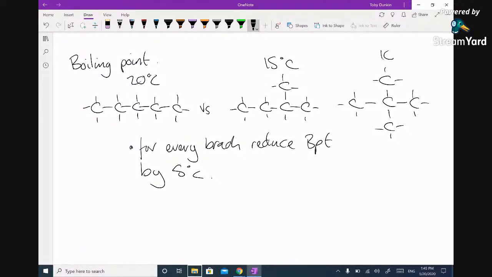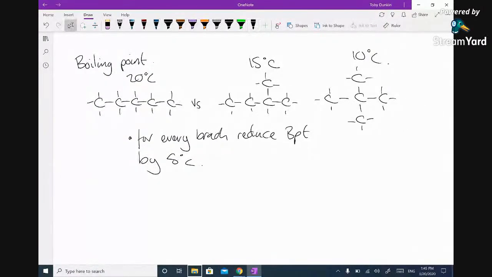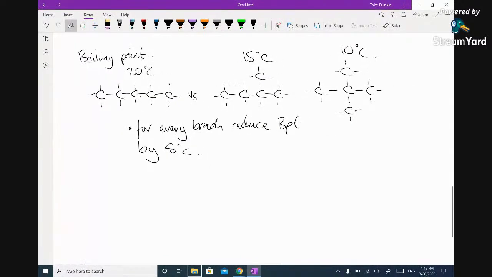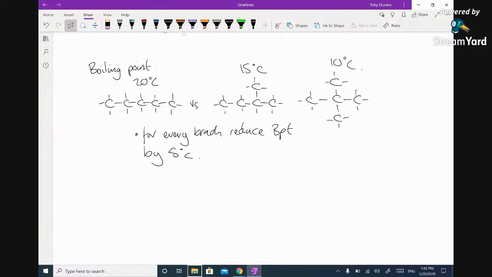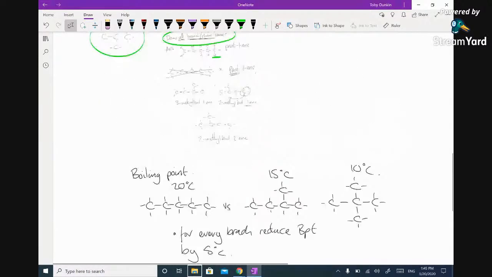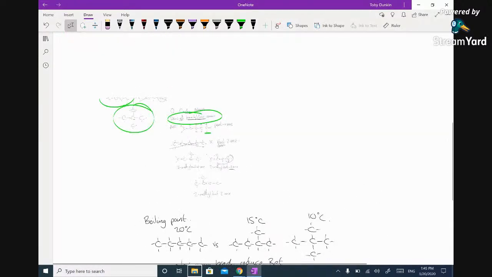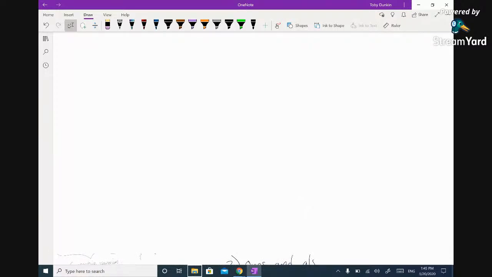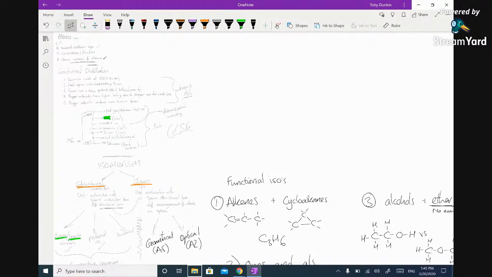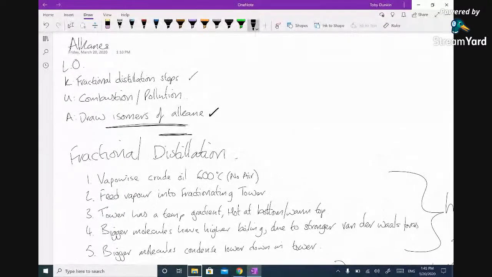So it has the lowest boiling point of all the isomers. Cool. It's just nice to mention that. It comes up a lot. So I'm just going to go back up to here. Check my learning objectives with my laptop being slow. So draw isomers of alkanes. It's nice to also put consider BPT. Consider boiling point.